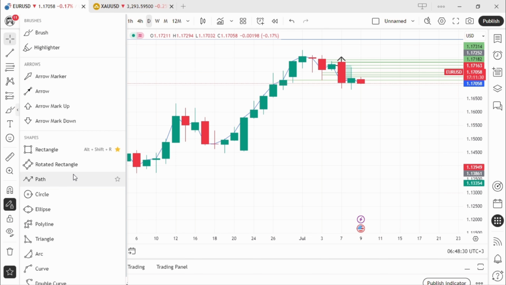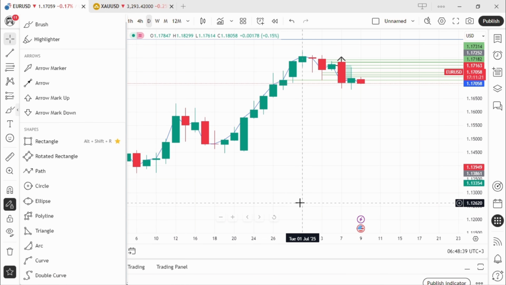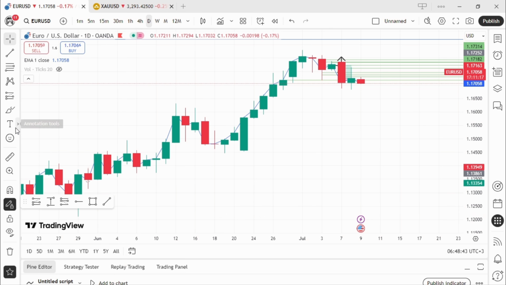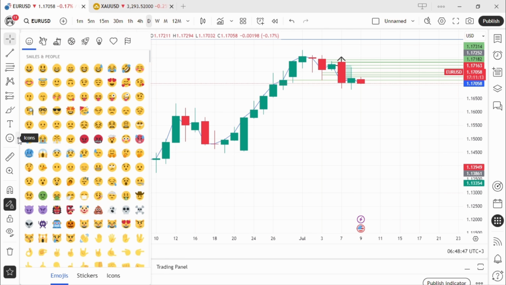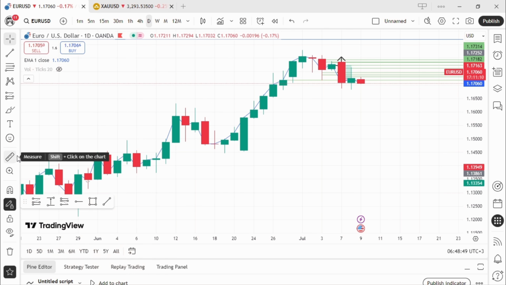Now these are tools that help you draw on the charts. Rectangle, then a rotated rectangle, circle. They are all here for you to use. You can also add texts. You have icons. I've never used these ones, these emojis. And then you have a ruler for measuring.